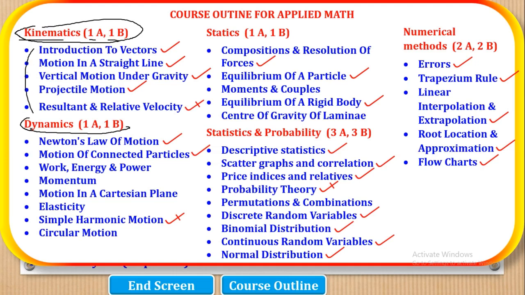The second part of mechanics is dynamics, where one comes in section A and one in section B, and these are the topics. The third part of mechanics is called statics, where one comes in section A and one in section B, and these are the topics. So overall, in mechanics, 3 questions come in section A and 3 in section B.